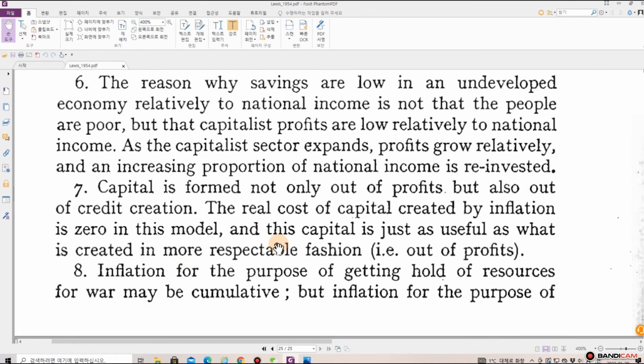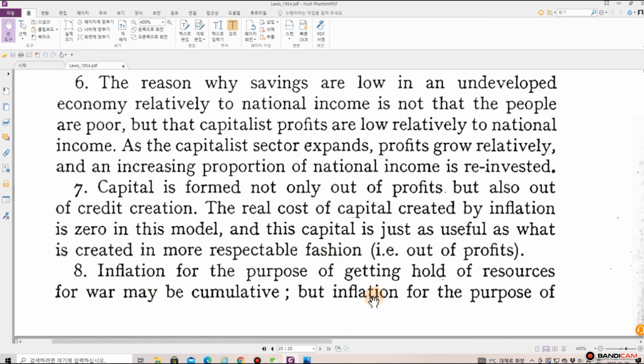7. Capital is formed not only out of profits, but also out of credit creation. The real cost of capital created by inflation is zero in this model, and this capital is just as useful as what is created in more respectable fashion, i.e., out of profits. 8.